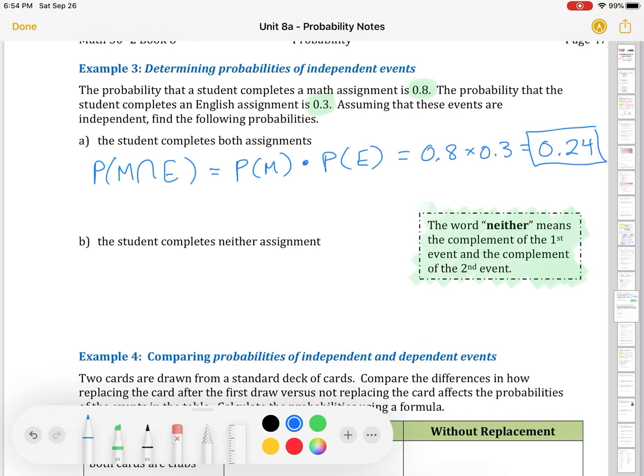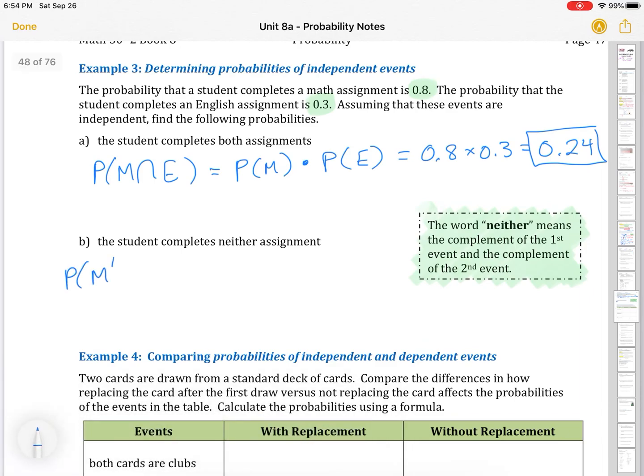The student completes neither assignment. Now the word neither means the complement of the first event and the complement of the second event. So if we write those out, it's the probability of math prime and English prime. So we have to think about what they would be. They would have to be what we would add up to get 1, right? So math prime times English prime.